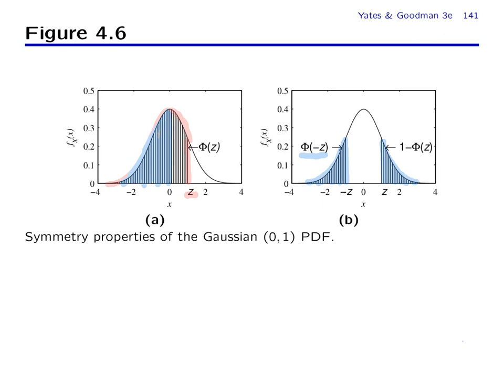But this area, because the total area under the curve is equal to 1, has to be 1 minus phi of z. So we get the property that phi of negative z is equal to 1 minus phi of z for z greater than or equal to 0.